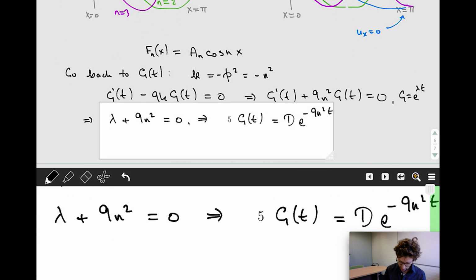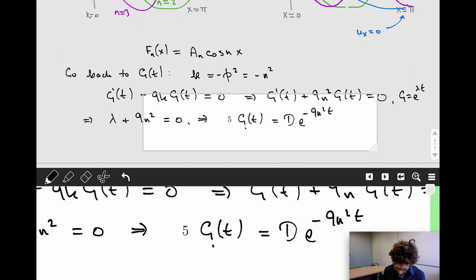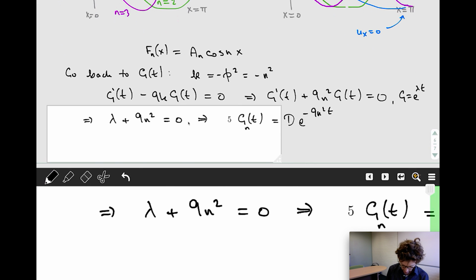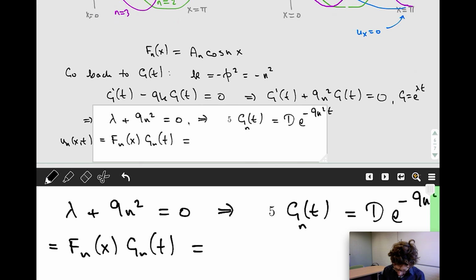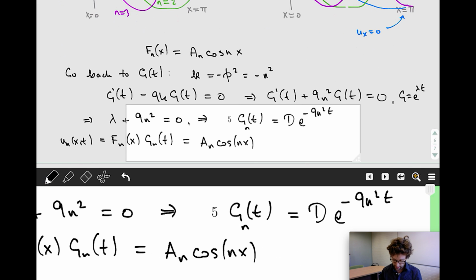So we can put that together now. If I put a little subscript n there, I can put that together to find my solutions. u_n of x and t is equal to f_n of x and g_n of t, which is a_n cosine nx, that was our x-dependent part, multiplied by our time-dependent part, so e to the minus 9n squared t.